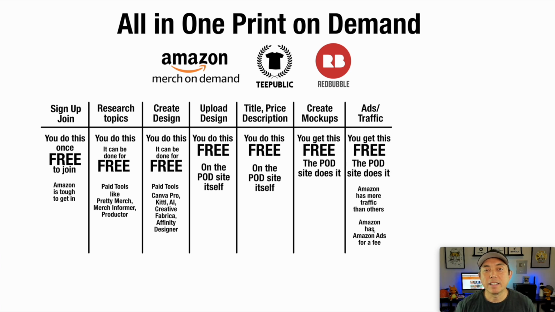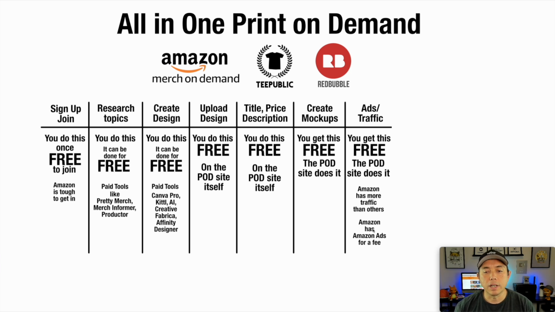The next is ads and traffic. To get traffic to your site, a lot of these already have traffic, especially Amazon has a ton of traffic. People already go there for shopping. So you kind of get this for free. You don't actually have to get ads, though you can as an additional thing. But for the most part, most people who sell on these don't use ads to drive traffic, except for Amazon.